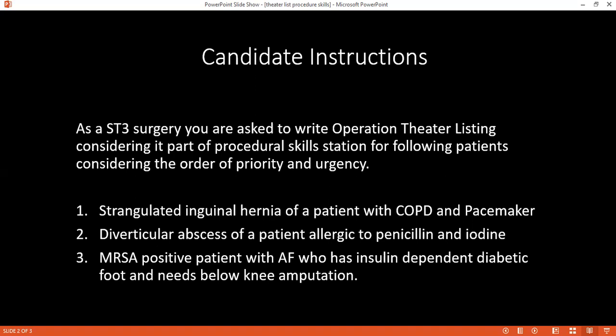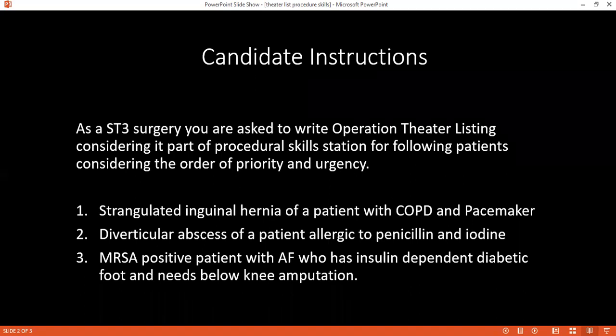Okay, number one, you want to keep the patient with strangulated inguinal hernia. The patient also has known COPD and has a pacemaker. What precautions will you keep in mind with this patient? First of all, I should not give pure oxygen to the patient because he has COPD.